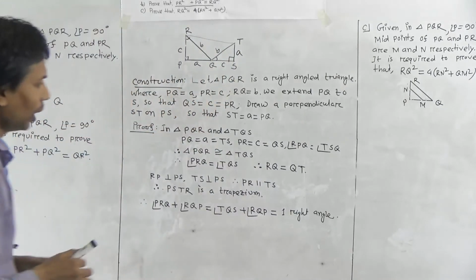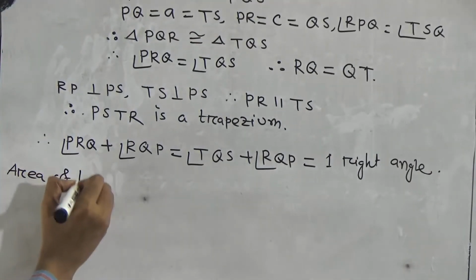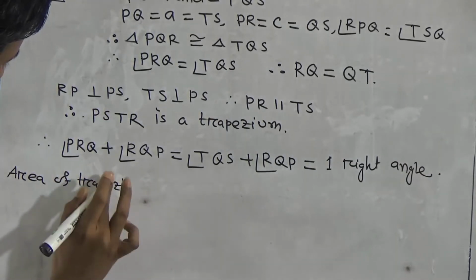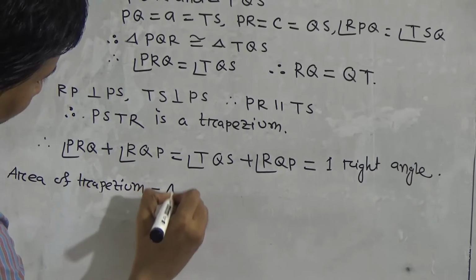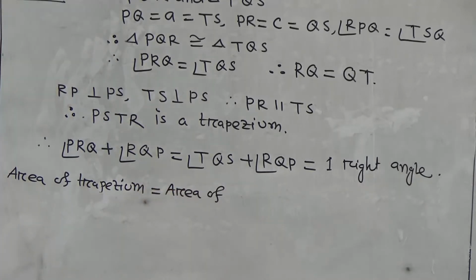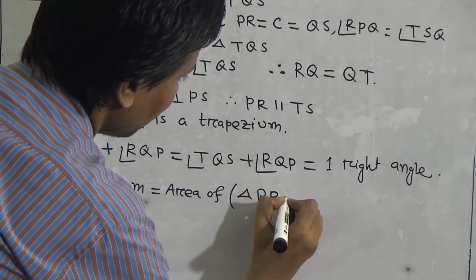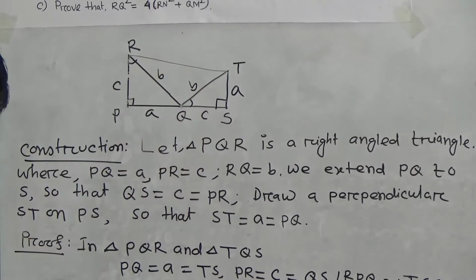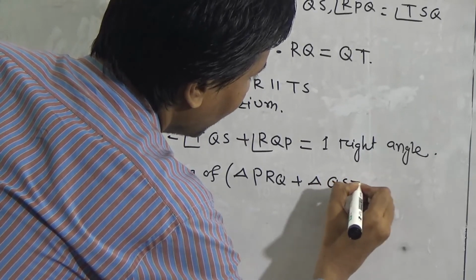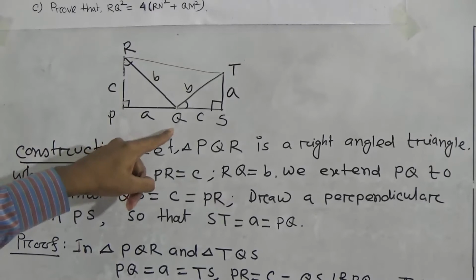Okay. Now write area of trapezium equal to area of PRQ plus QST plus RQT.